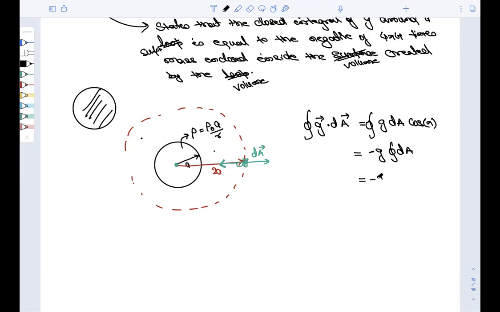It is simply minus g into 4 pi r square, so 4 pi (2a) square, minus g into 4 pi (2a) square.